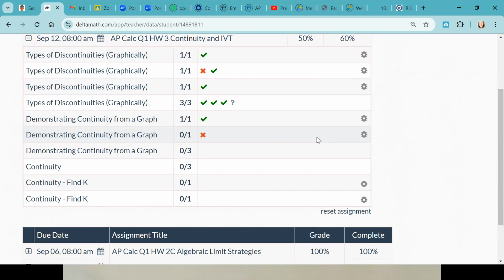Discontinuous, you want any breaks in the graph, so that one. No, you also have one more. They don't have to point the same way.